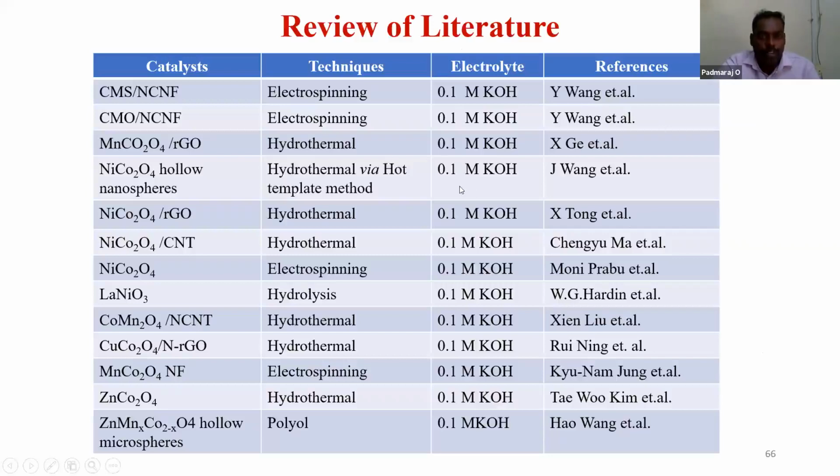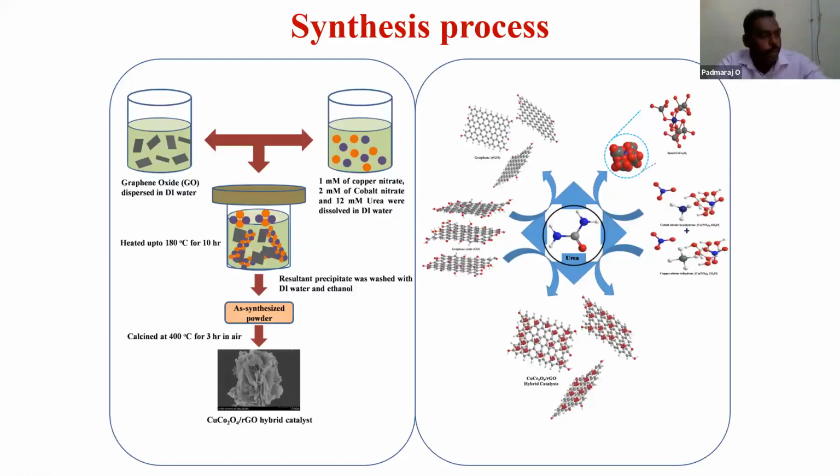Based on the review of literature, I have developed some novel materials through combustion as well as a one-pot hydrothermal process. We don't have much time, but first I am going to cover this. This is the synthesis process by which I developed the bifunctional electrode catalyst, the one-pot hydrothermal synthesis.